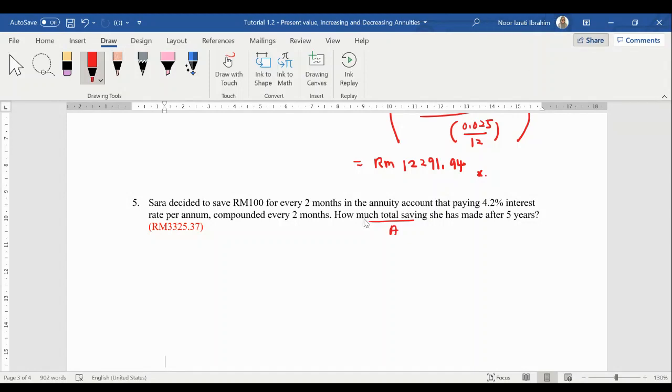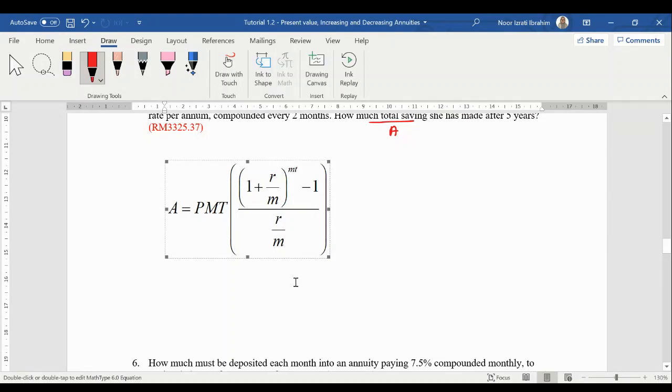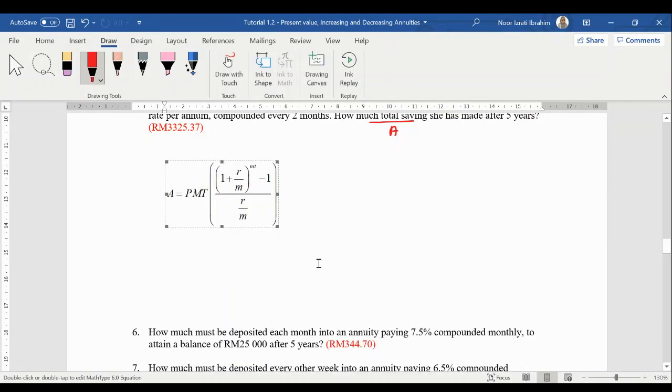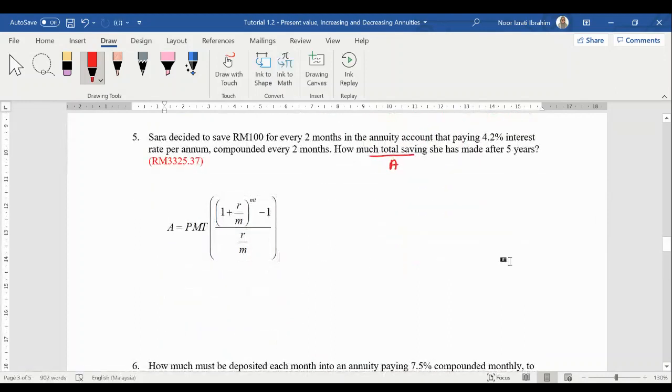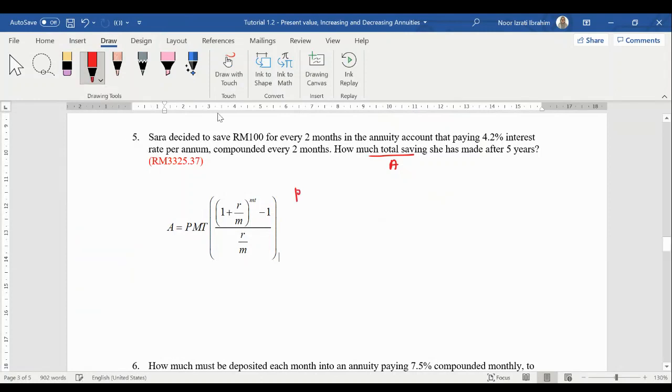The formula is, PMT is 100. In 5 years, T equals 5.